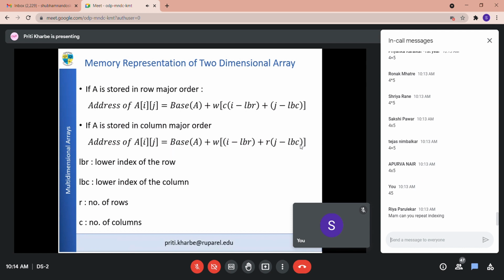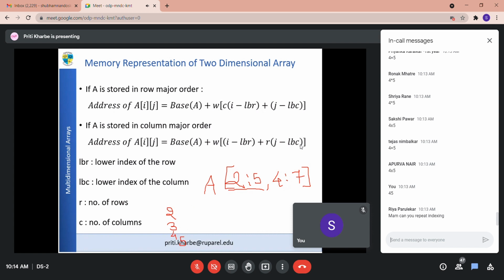Can you repeat indexing? See, Riya, if I am writing A 2 to 5, and here I am saying 4 to 7, this means my row numbering is starting with number 2. So first row will have index 2, then 3, 4, 5.